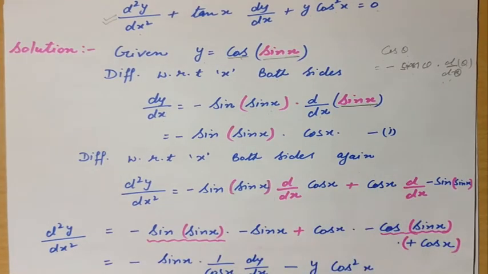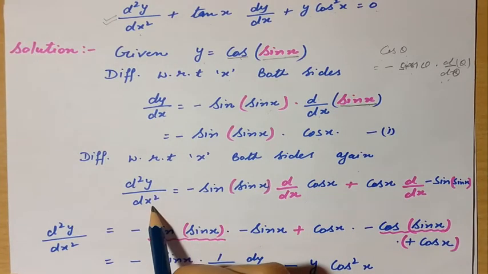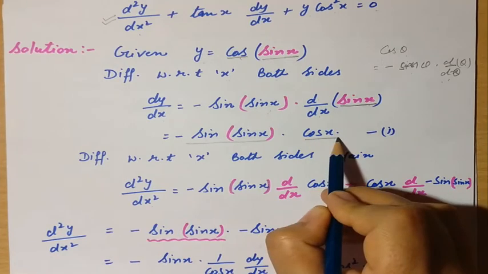When we again differentiate, dy upon dx differentiation is d square y upon dx square. Here we apply the product rule, u into v.